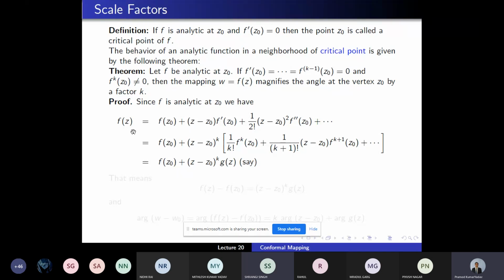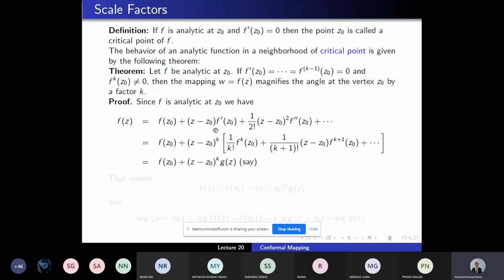Okay, but I hope you have studied it in the case of a real variable x. So today we can take the help of that. f z equals f z naught plus z minus z naught times f dash z naught plus 1 by factorial 2 times z minus z naught squared, and so on.